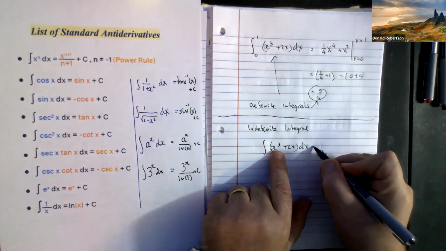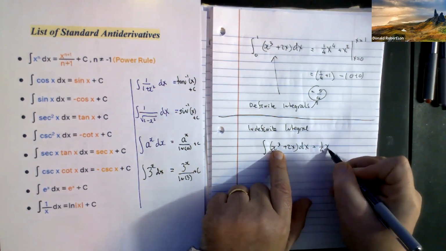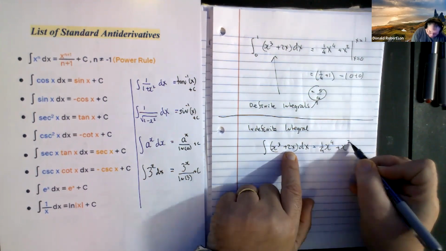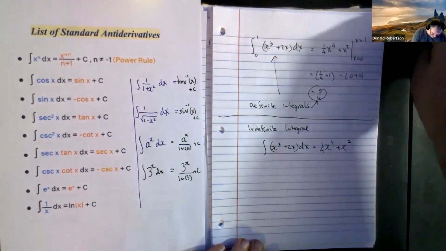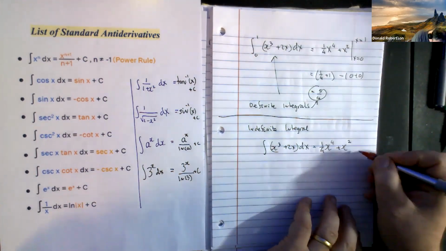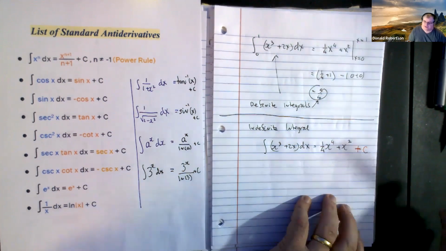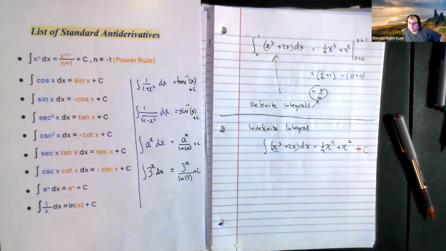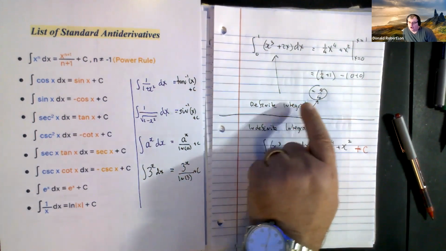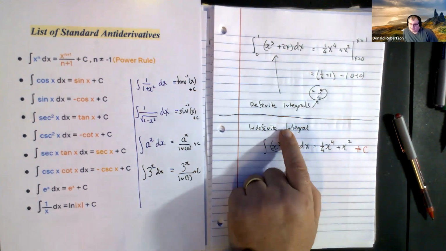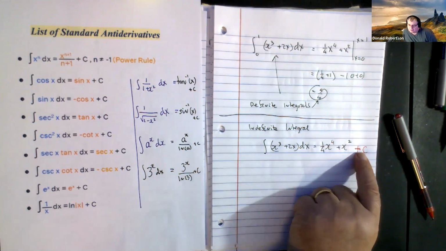Now add 1 to the power and divide by the new power. But when you do an indefinite integral, you always have a plus c. When you do a definite integral, you always end up with a number as your answer. When you do an indefinite integral, you always end up with a plus c.